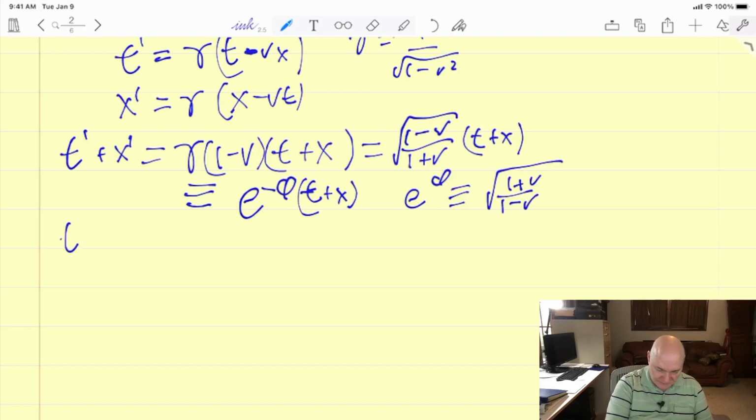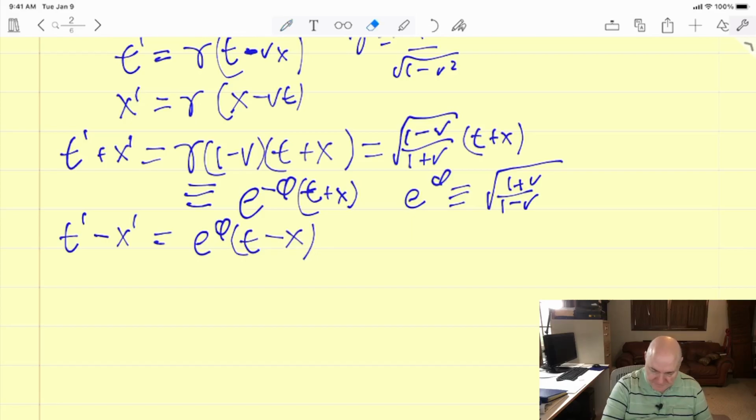And in the same way, we can show t prime minus x prime is equal to e to the phi times t minus x. So these are the important equations.